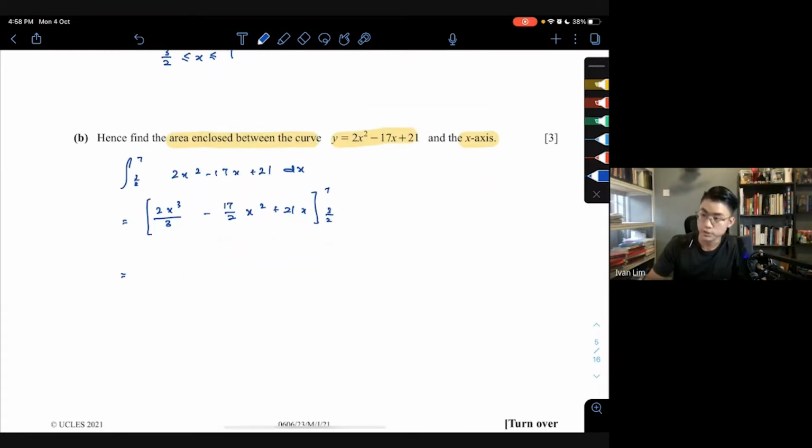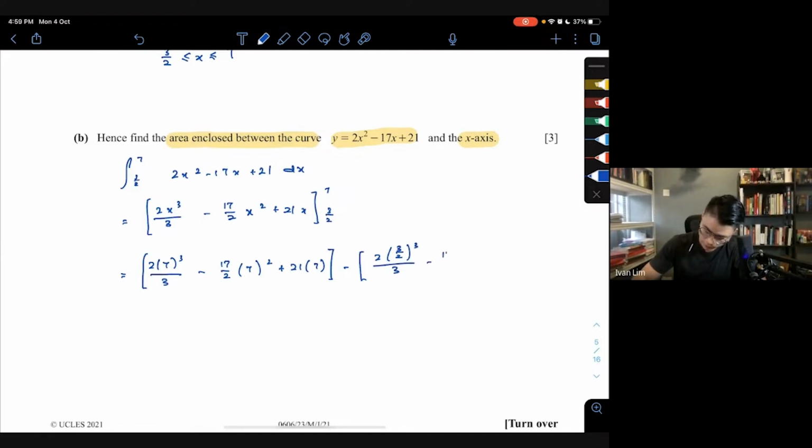Then just sub it in. Just show your working. 2 times 7 cubed over 3 minus 17 over 2 times 7 squared plus 21 times 7, minus 2 times 3 over 2 cubed over 3 minus 17 over 2 times 3 over 2 squared plus 21 times 3 over 2.